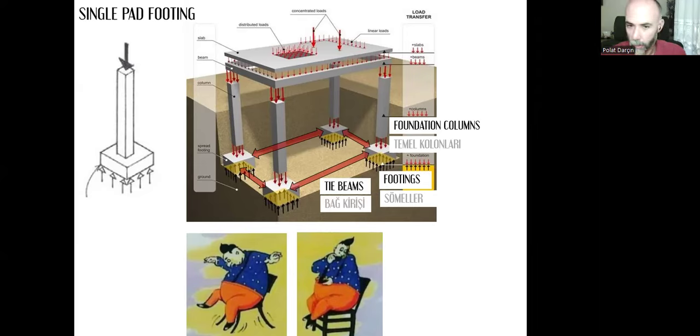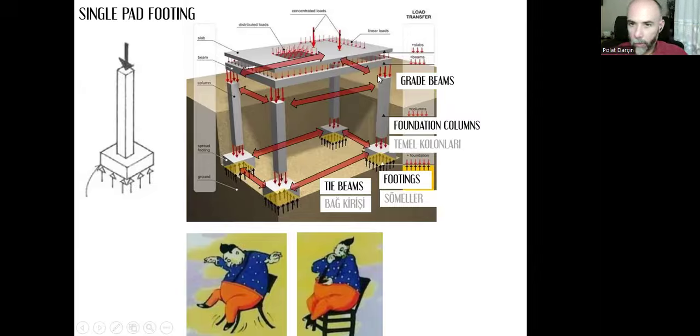And it's not enough to tie them at this level only. We need to tie the foundation columns at the upper level as well here. And that's what we call grade beams. As you remember, grade level is the height between the upper surface of the floor and the ground floor, upper surface of the ground floor.